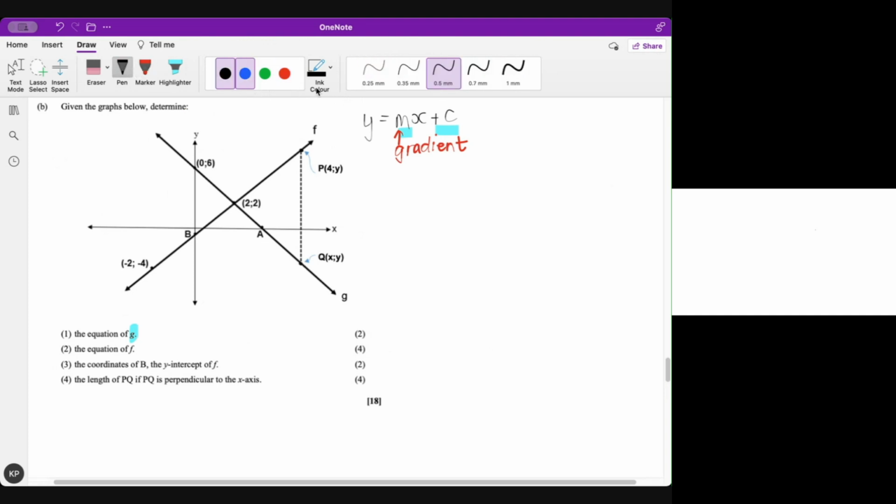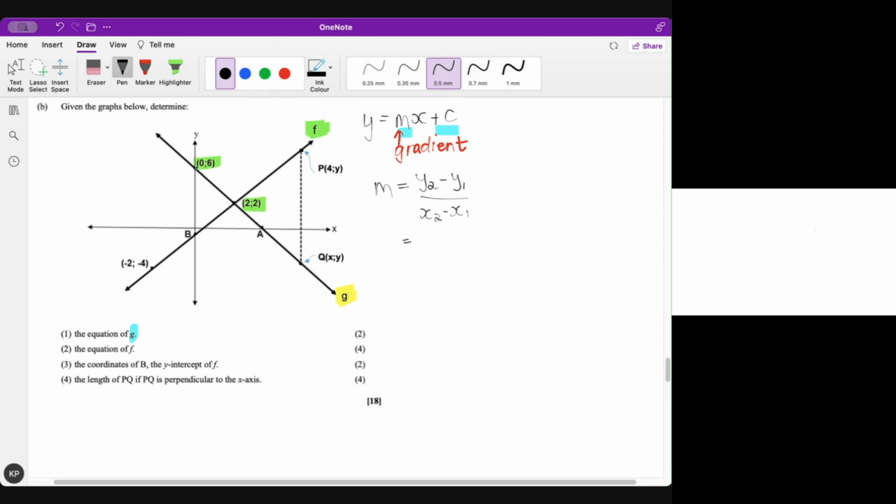So we're going to work out G, since they asked for G. They have labeled the graphs for you: there's G, and this one is F. We're going to use the two points we have on G: (2, 2) and (0, 6). So m is y2 minus y1 over x2 minus x1.